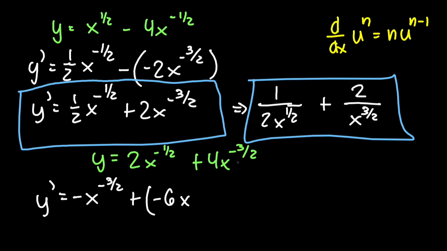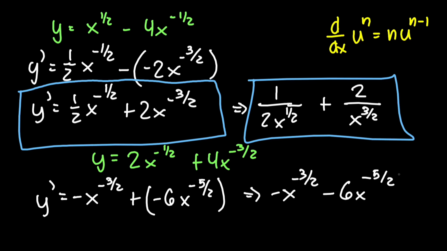X to the power of negative 3 over 2 minus 1 would be negative 5 over 2. And for your final answer, simplify your terms, which would be equal to negative x to the power of negative 3/2 minus 6x to the power of negative 5 over 2.